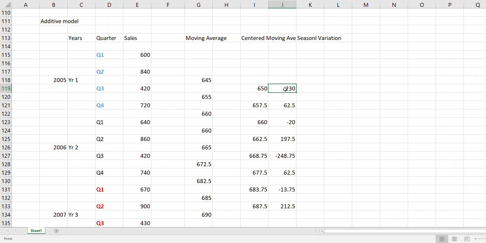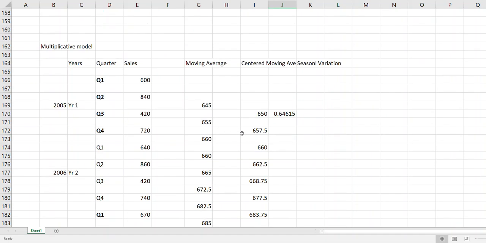The line would be lower, so it should be minus. So that way you would know. And here it should be lower than 1. 1 would mean, according to the average, more than 1 would mean more than average. Lower than 1 would mean less than average. So that way you know what to divide by what.